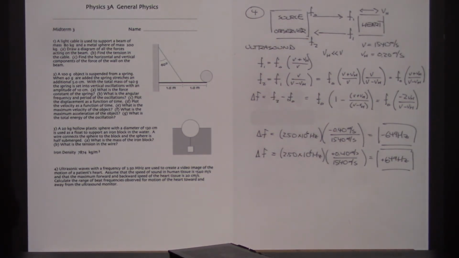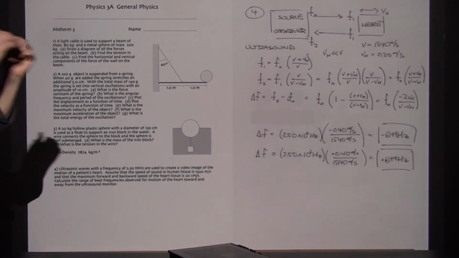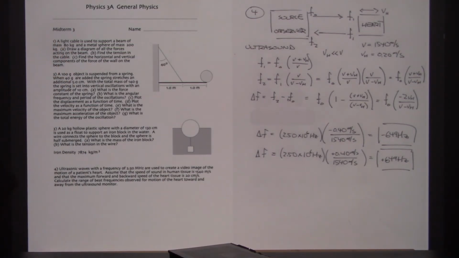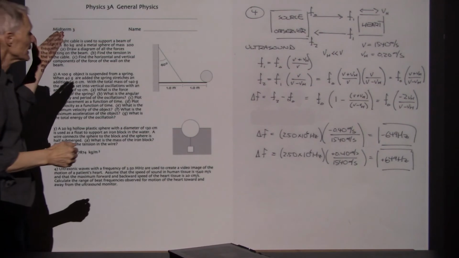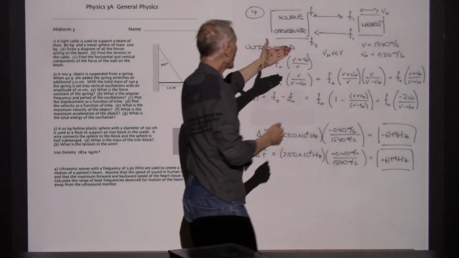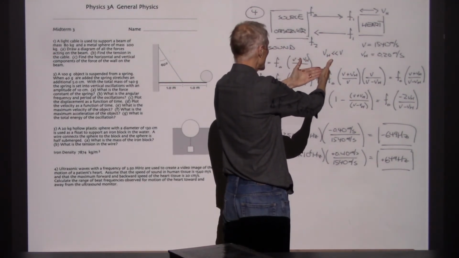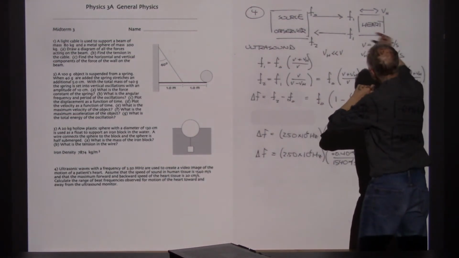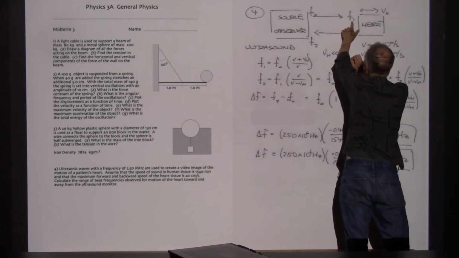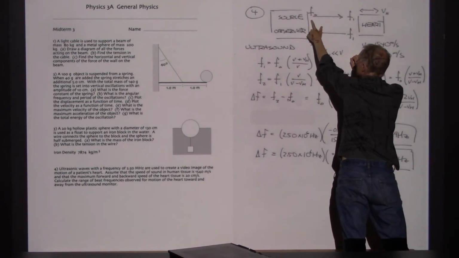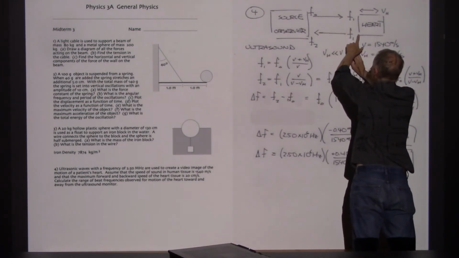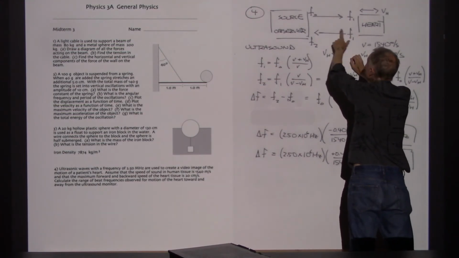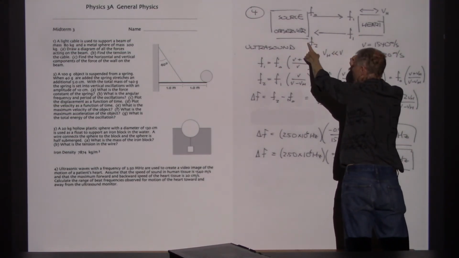So the return frequency, when the heart's moving towards the ultrasound machine, the frequency will be doubly shifted higher. It's going to get shifted by the heart when it first picks up the sound, and then it's going to get sent back. So here we go. If the heart's moving this way, then F1 is bigger than F0, the starting frequency, and it reflects at F1, and F2 will be even higher.